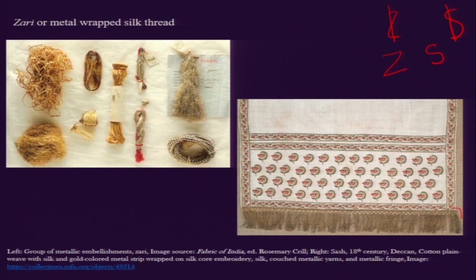That is something we find: how zari is used not only extensively in the embroidery but also in the fringes. We can also imagine that if the ends of the sash are hanging from the waistline, then the fringes would be very much visible. So for drawing attention to that, we find how zari threads can be useful.